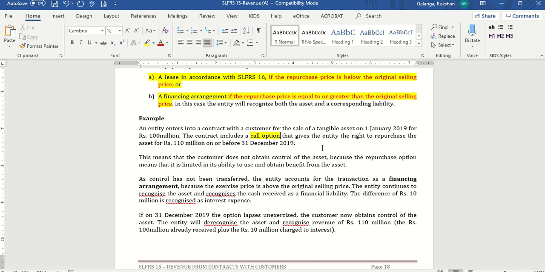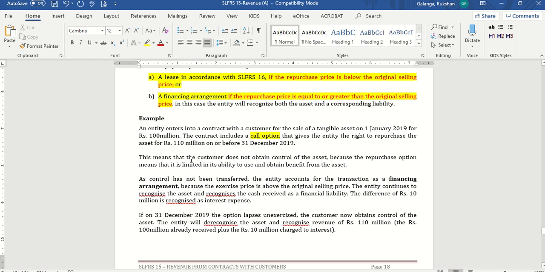Look at this. If the repurchase price is equal to or greater than the original selling price, that's this sort of situation, right? Because the original selling price is 100, the repurchase price is 110, it is greater than that. So you have to recognize that as a finance component, right?